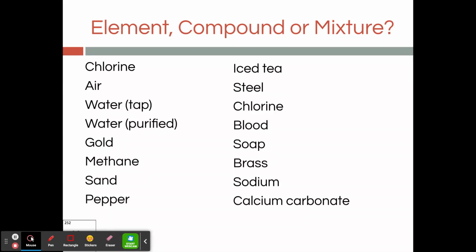It's a mixture between plasma and your blood cells. Soap is a mixture, as well as brass. Brass is a mixture between zinc and copper. Sodium is an element, and calcium carbonate is a compound.